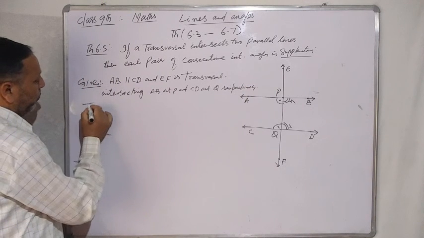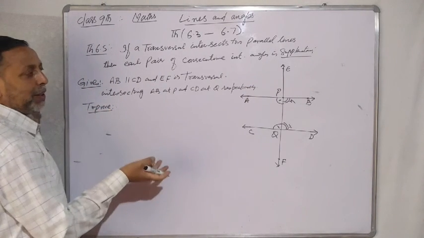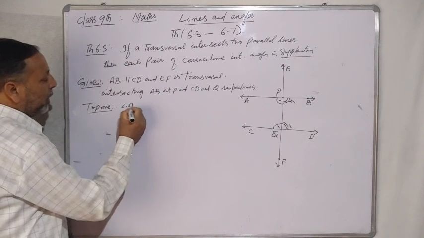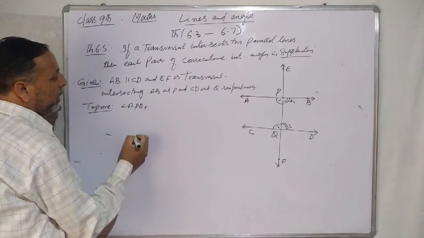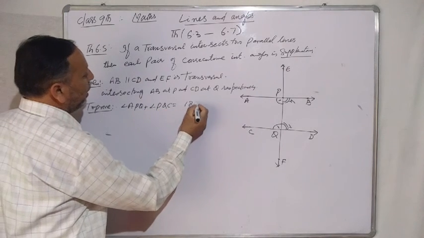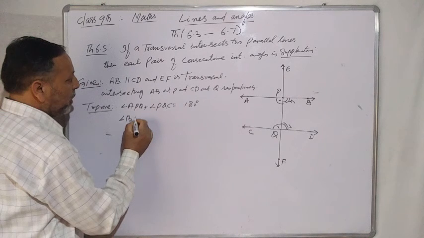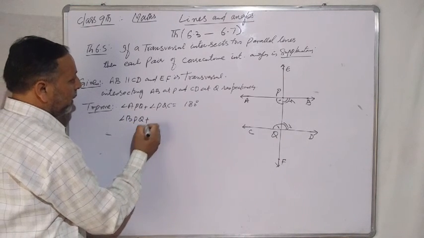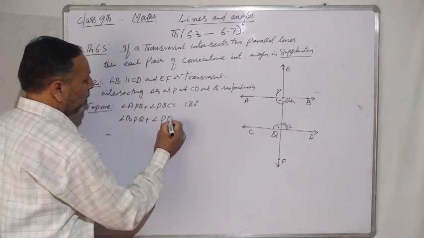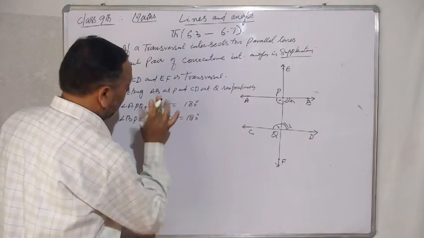To prove, we have to prove that consecutive interior angles are supplementary. That means angle APQ plus angle PQC is equal to 180 degrees, or for that matter, prove that angle BPQ plus angle PQD is equal to 180 degrees. This we have to prove.